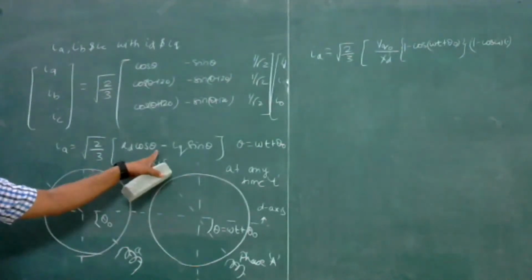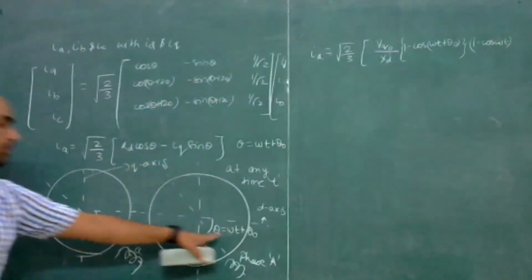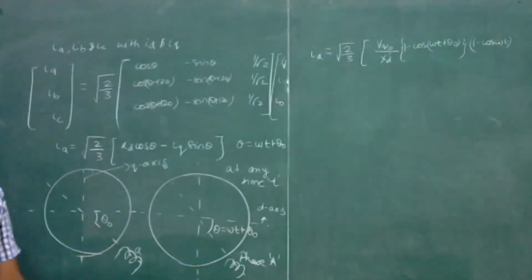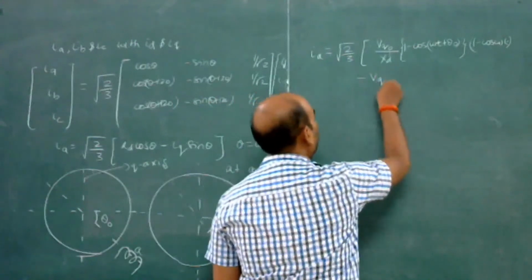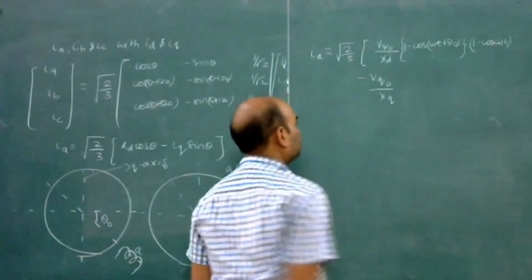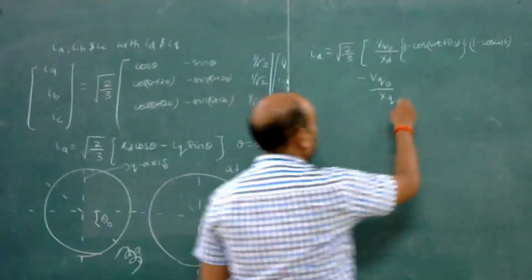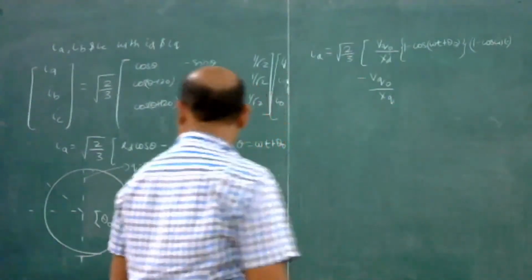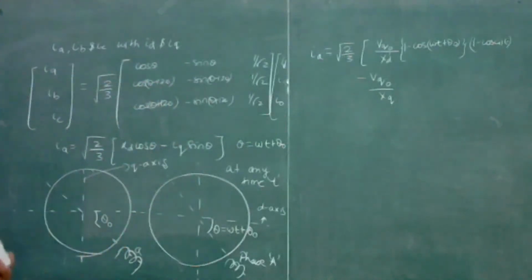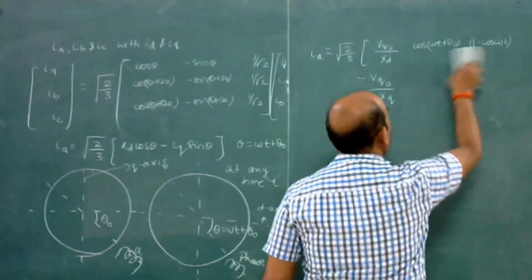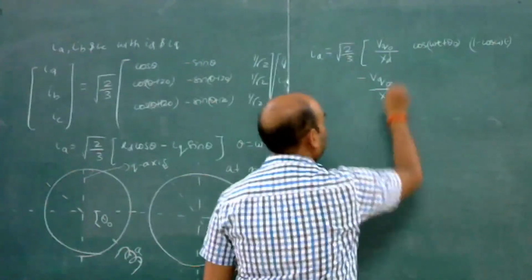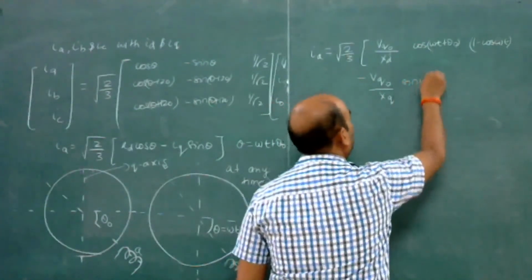So theta is increased by omega t plus theta naught. Then we will substitute the value of IQ, which is VQ naught upon XQ, times sin omega t.